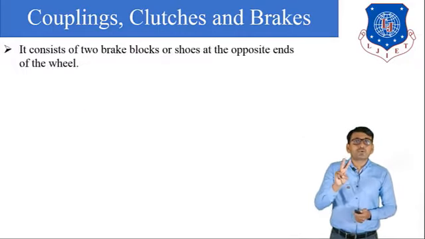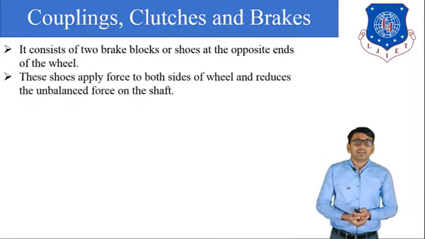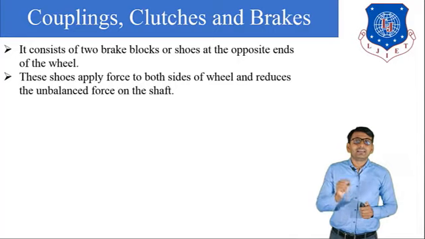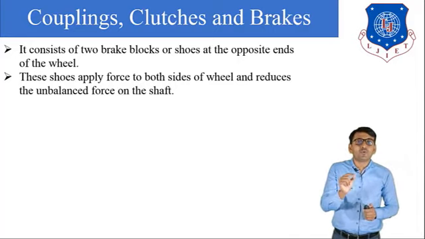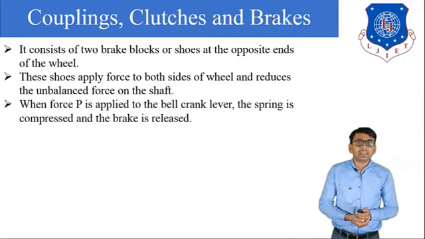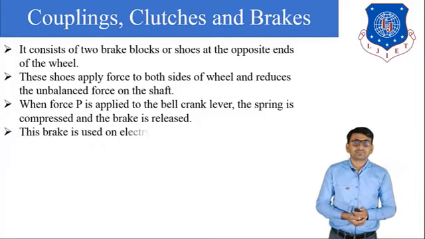It consists of two blocks or shoes at the opposite ends of the wheel. These shoes apply force to both sides of the wheel and reduce the unbalanced force on the shaft. When force P is applied to the bell crank lever, due to spring action the brake is released.